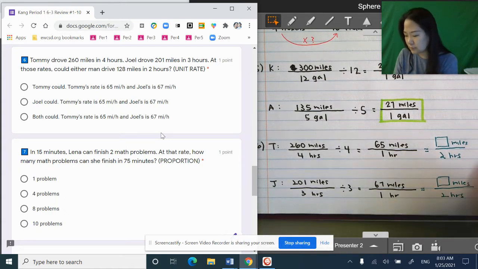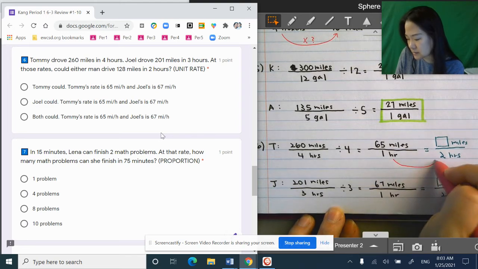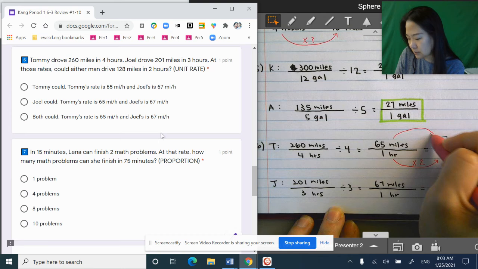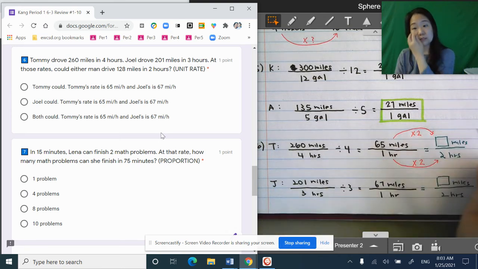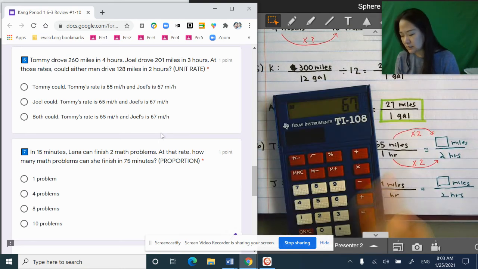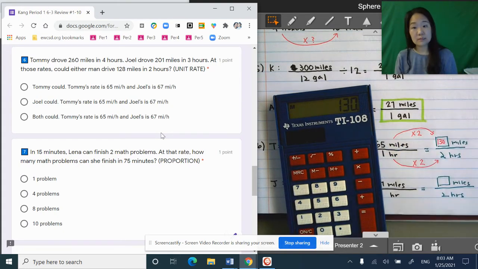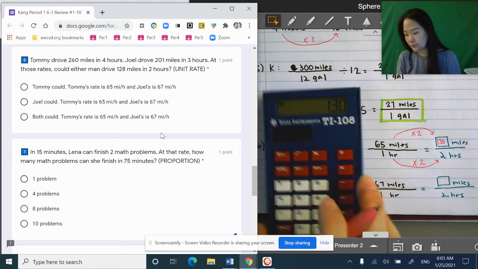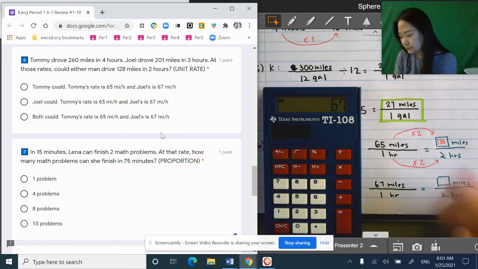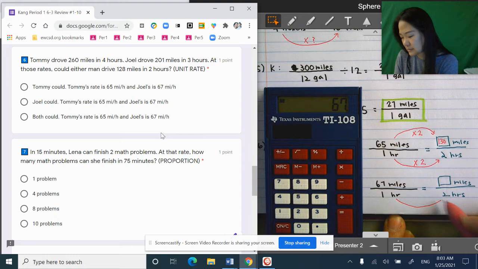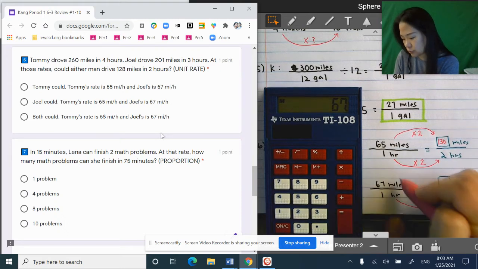So if you look at the multiplicative relationship, it is times 2. 1 times 2 is 2. So 65 times 2 is 130. If you're not sure, all you need to do is just use your calculator. So 130 miles in 2 hours. And then for Joe, you would do the same thing. You would multiply by 2.